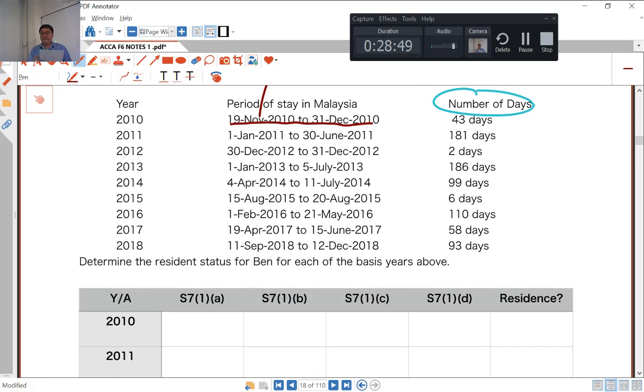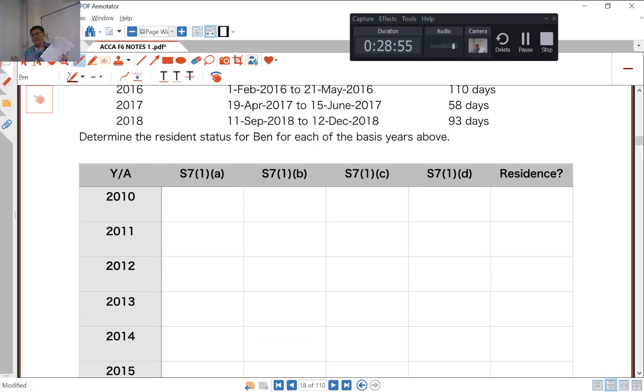Now, for example, 2010. What we do in the exam is this. You're going to present your answer in Excel. So we normally just use the column to fill in the YA, and then I will list down all the 4 sections because that's where I'm going to test the status, and I'm going to write there whether I'm resident or not. The examiner wants you to explain the reason. Usually, you put the reason at the back.